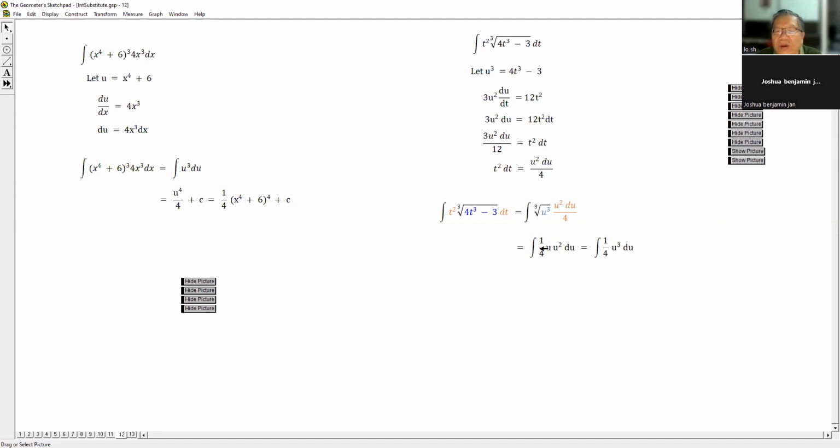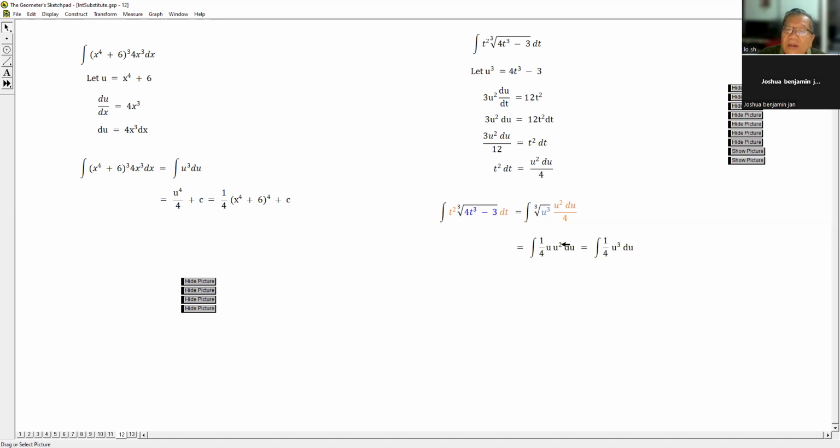The 4, I put 1 over 4 here. Then the du, I put back in u. So I didn't change the question. I just follow accordingly. What is there, I just replace. What is not there, I didn't put there. What is already there, I didn't throw away. That is very important, right? What is there, you just leave it there. What is not there, don't add, just substitute will do.